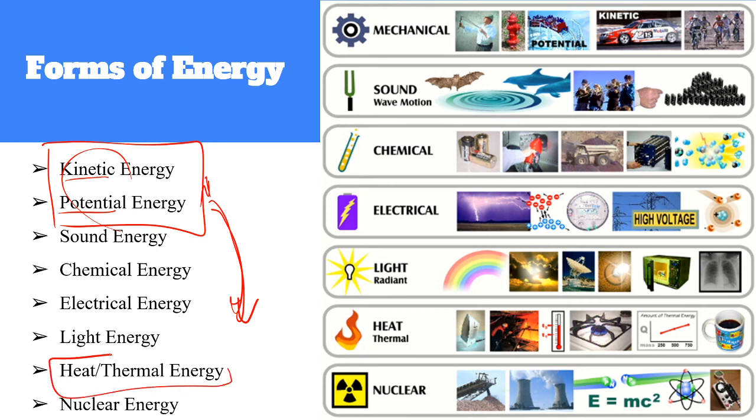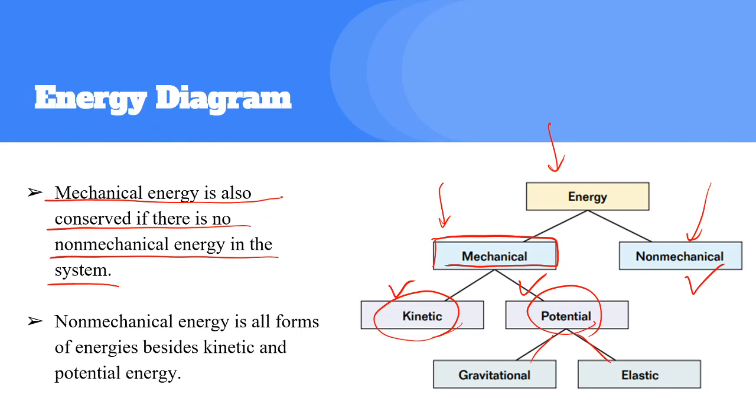In this case, this is going to be the rule breaker for daily life, because thermal and heat energy is created by friction, and sound is also. Most systems, when they are happening, or any motion, are creating some sound. So that energy is lost. And heat and thermal energy, when you have friction, are lost from the system. You cannot get them back. So for you to be able to conserve kinetic and potential energy, you should not have any non-mechanical energy in this system.